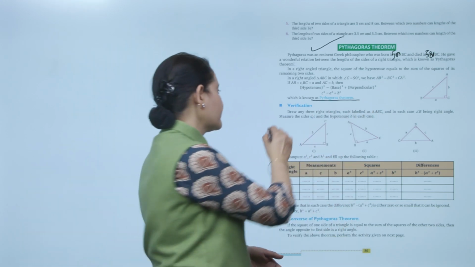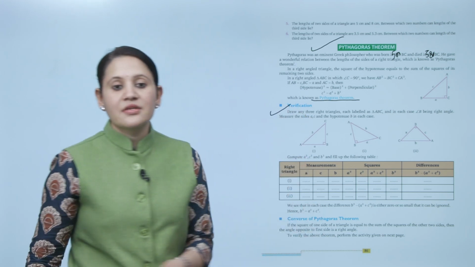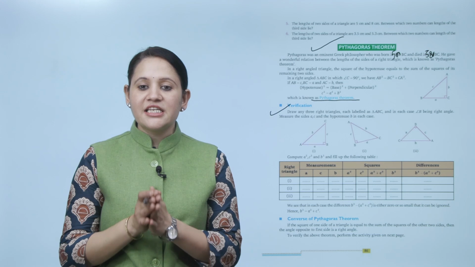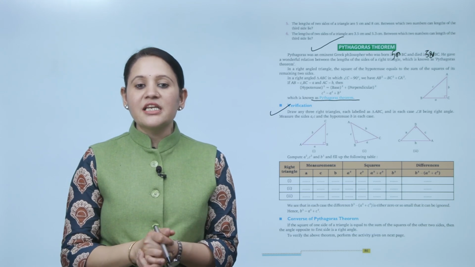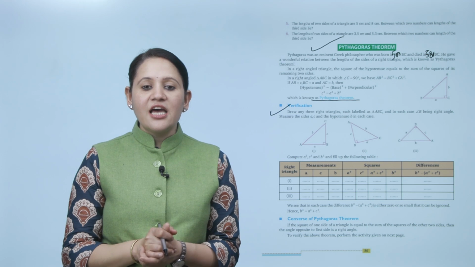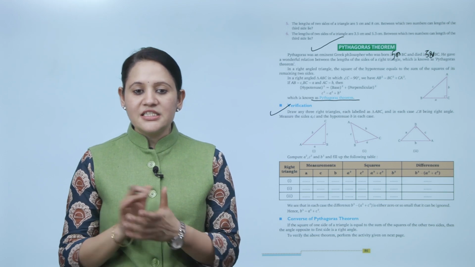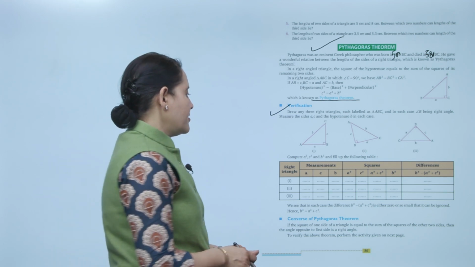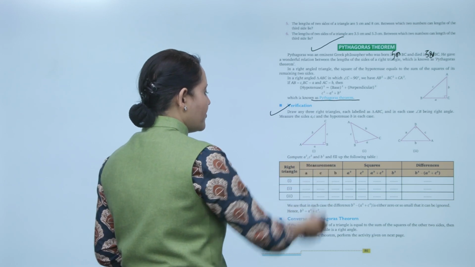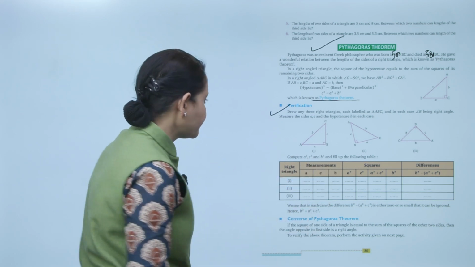Verification. Draw any three triangles, each labeled as triangle ABC, in each case angle B being a right angle. Measure the side AC, the hypotenuse b, in each case. To compute a square, c square, b square, fill up the following table.